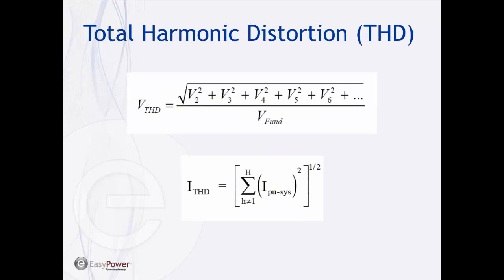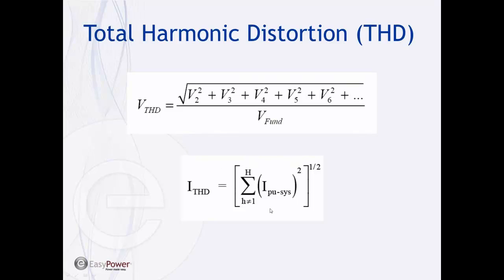Now, one of the most important values we calculate is the total harmonic distortion. We're looking at the voltage harmonic distortion and the current harmonic distortion. The voltage total harmonic distortion can be represented as the sum of the squares of all the harmonic voltages, and then you take the square root of the sum divided by the fundamental voltage.